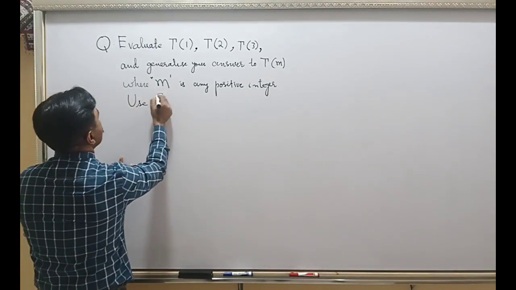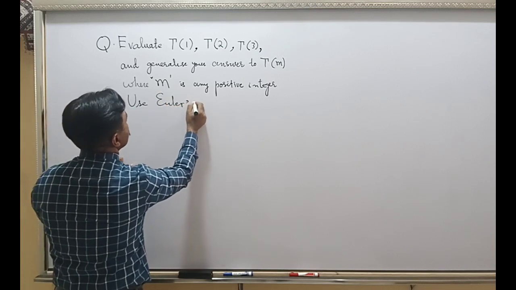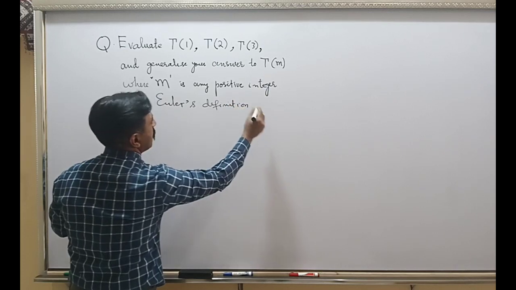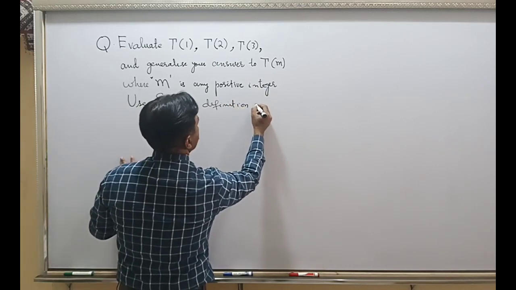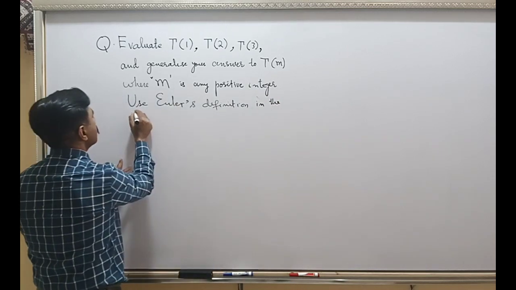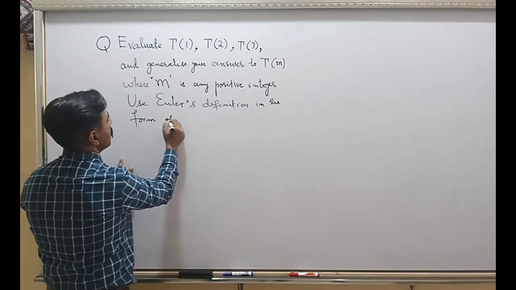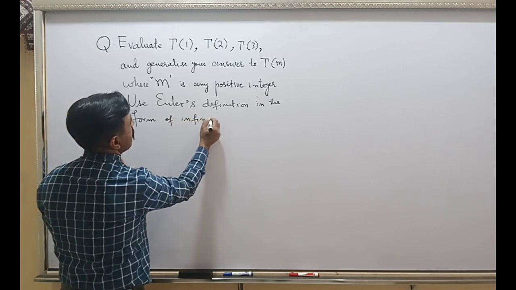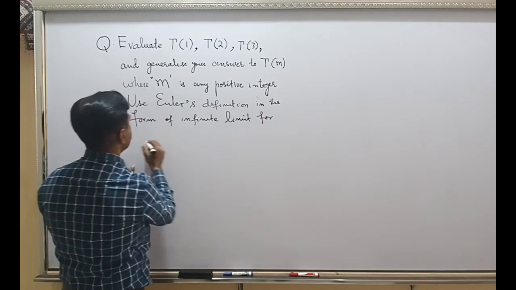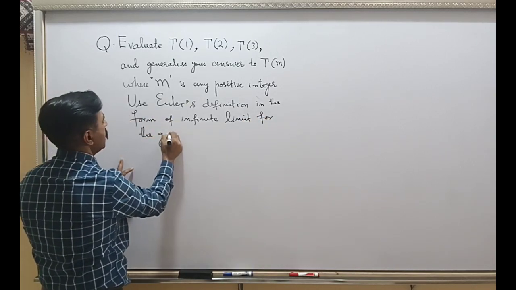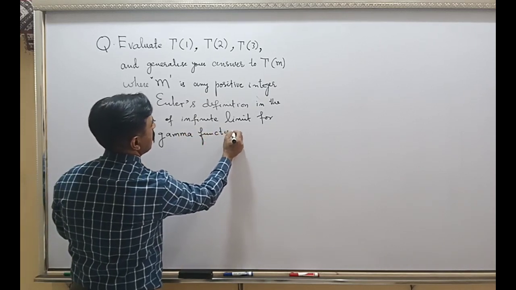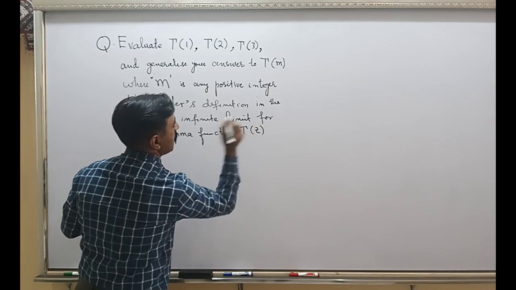Use Euler's definition in the form of infinite limit for the gamma function gamma of z.